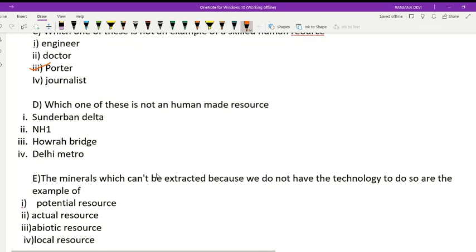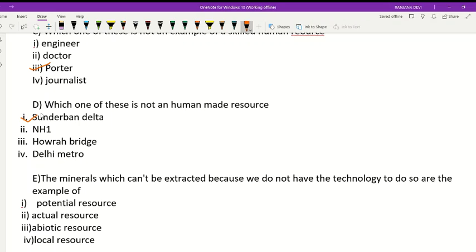Next is question number D. Which one of these is not a human-made resource? The options are Sundarban Delta, NH1, Howrah Bridge, and Delhi Metro. As we know, NH1, Howrah Bridge, and Delhi Metro are made by humans, whereas the Sundarban Delta is a delta formed by the river Ganga and the river Brahmaputra.